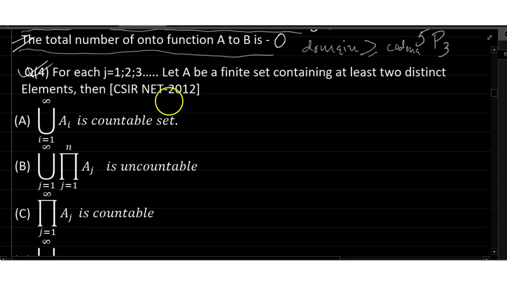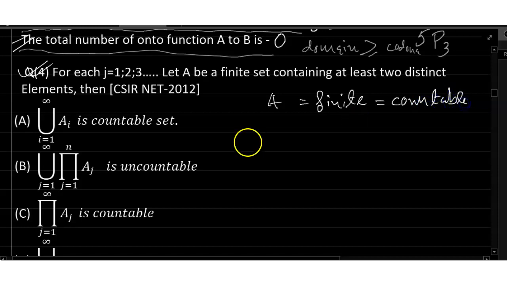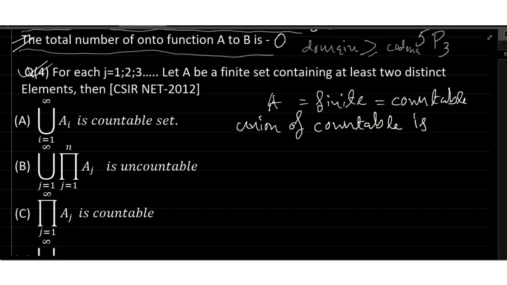Now friends, Aj is a finite set, so it is countable, and the union of countable sets is countable.